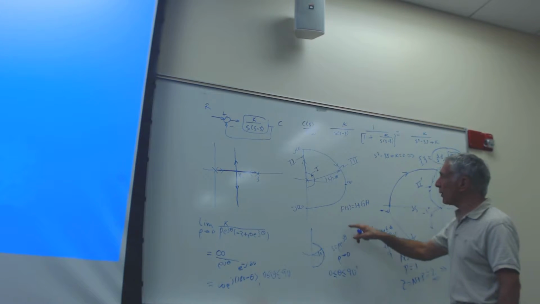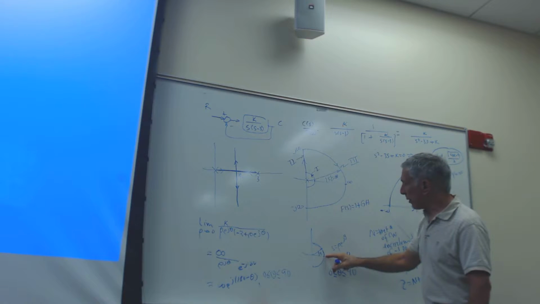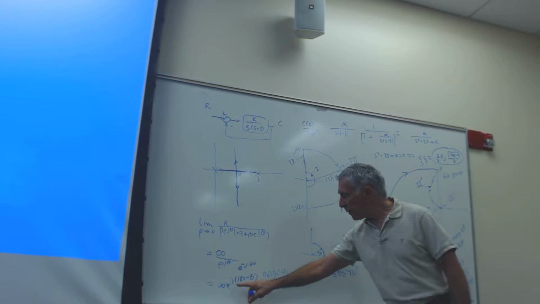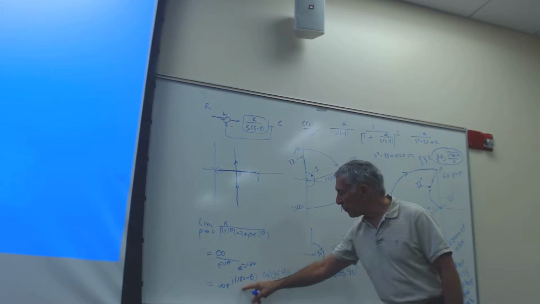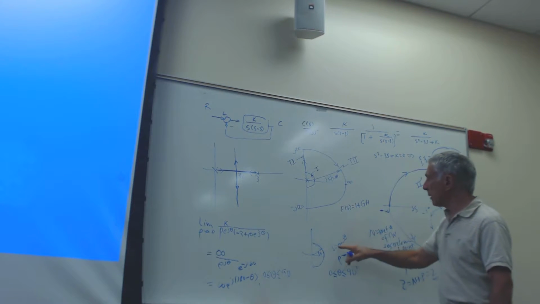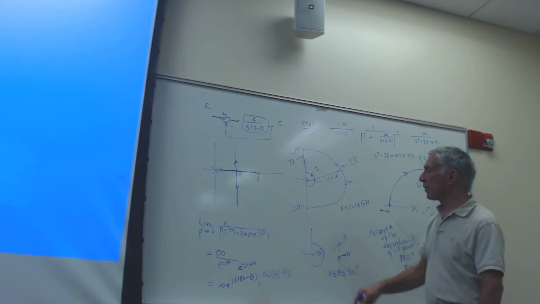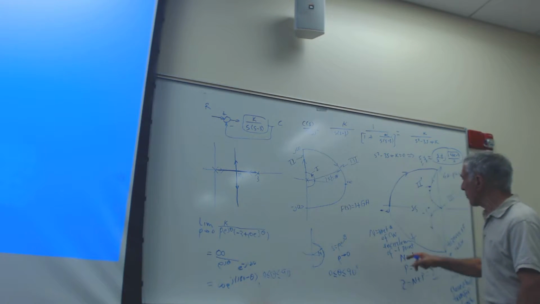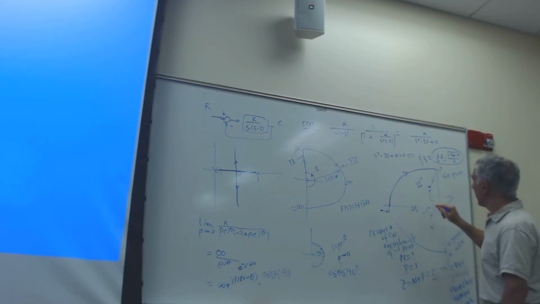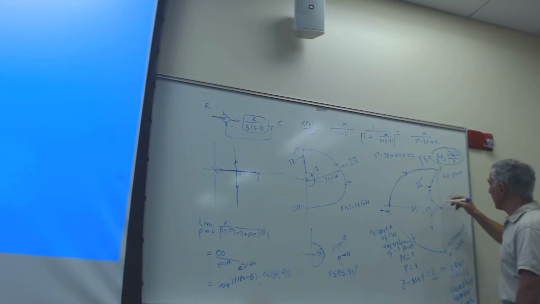First, we started out with mapping this segment 1 here. And what we found was this expression here, where theta varies from 0 to 90 degrees. At 0, the vector is horizontal, at 90 it is vertical. And we plotted those points right here. Then we used the frequency response tabulation to get these points here.